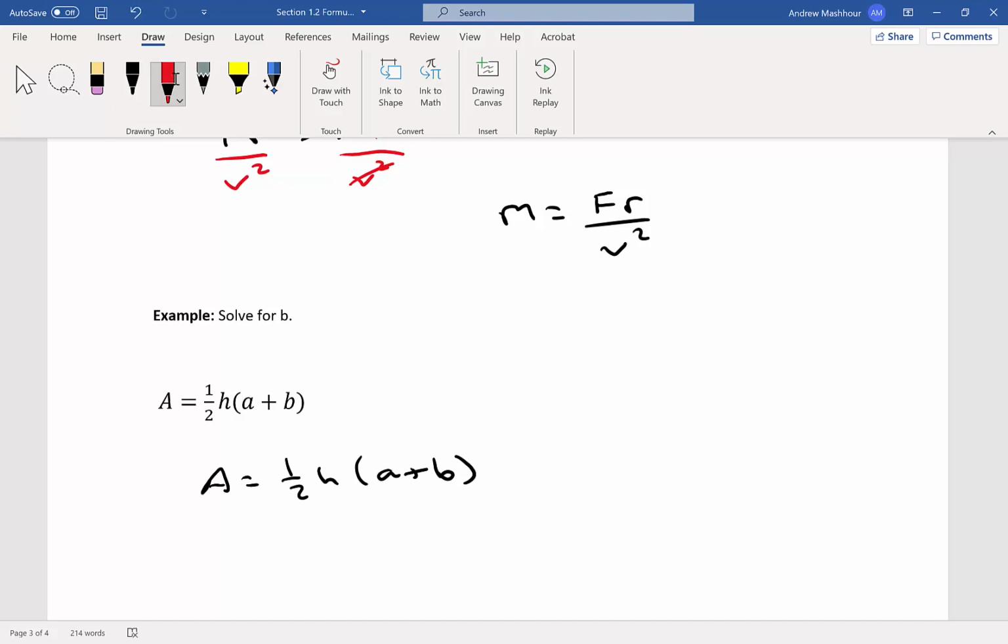Remember, our first step with our strategy is to eliminate parentheses. So if I want to eliminate the parentheses here, I'm going to use the distributive property. What I'm distributing over here is the 1/2 h. So I have capital A is equal to 1/2 h times little a plus 1/2 h times b.